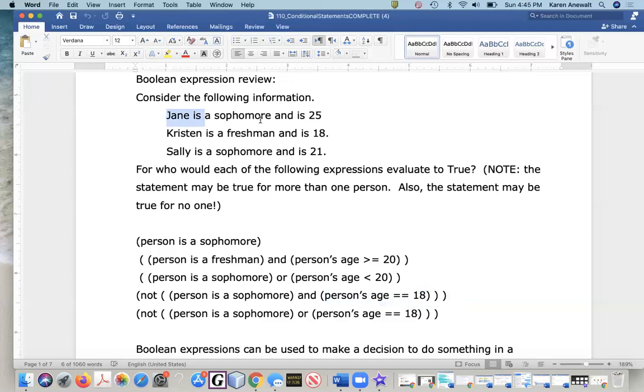And since Jane's age is not equal to 18, she returns true. Since Kristen is not a sophomore, she returns true. And since Sally's not 18, she returns true.